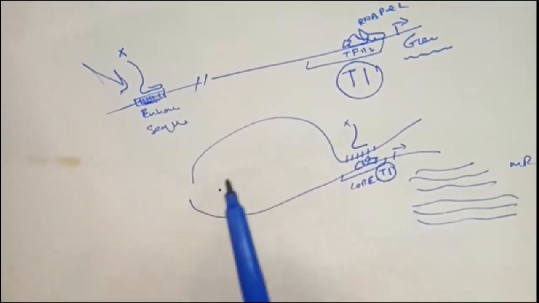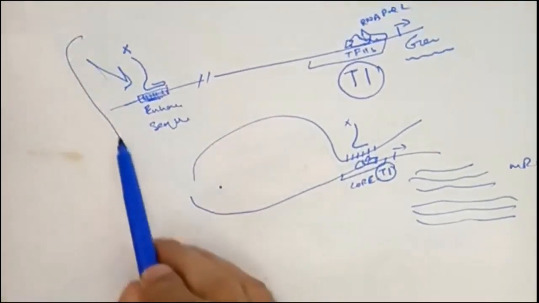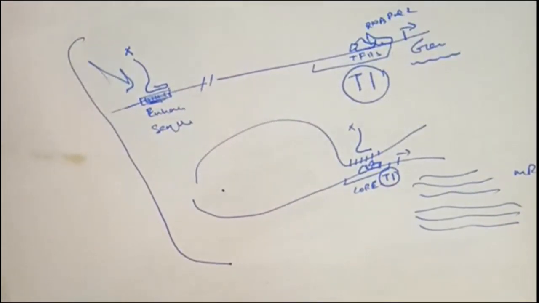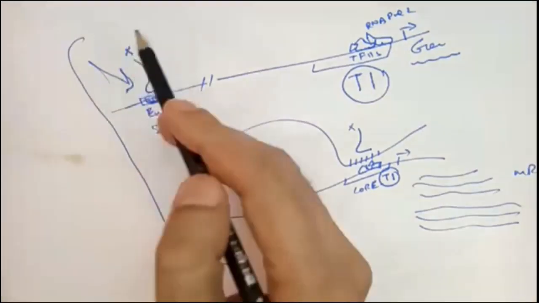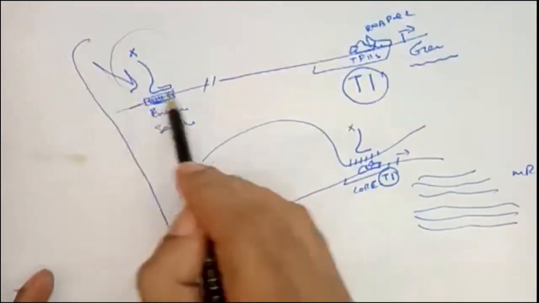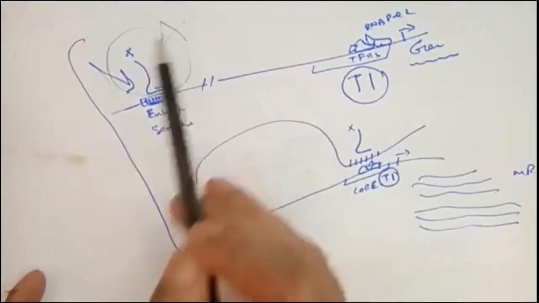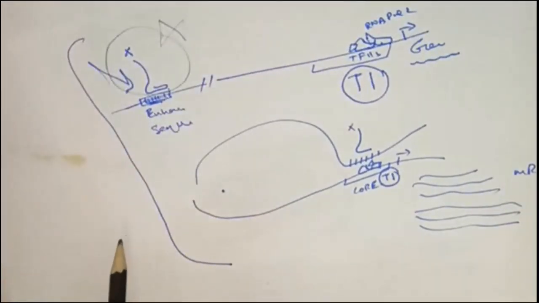Further, let me complicate things for you. If in a given type of cell, the cell does not produce protein X, what will happen?